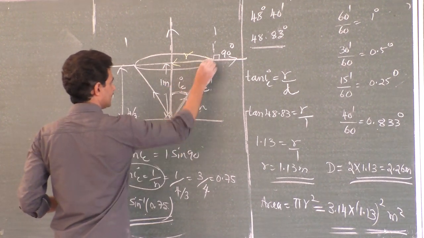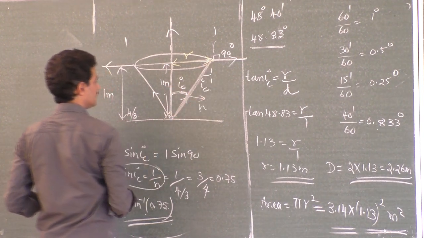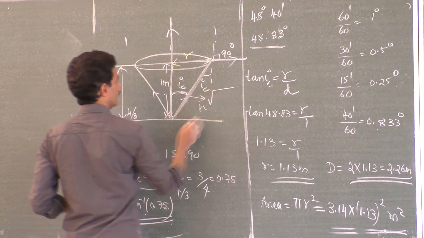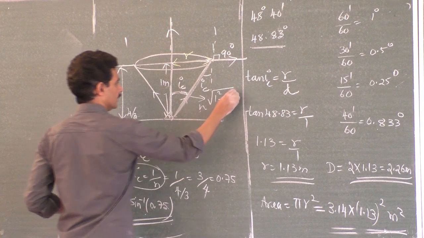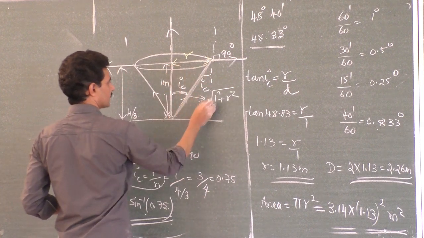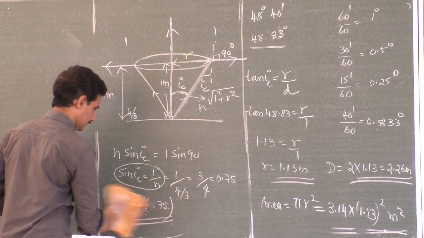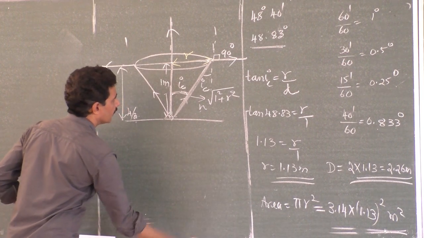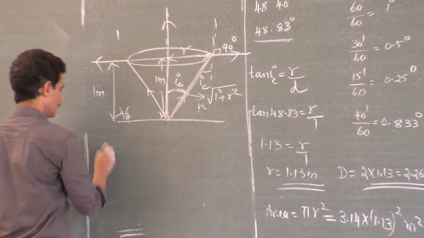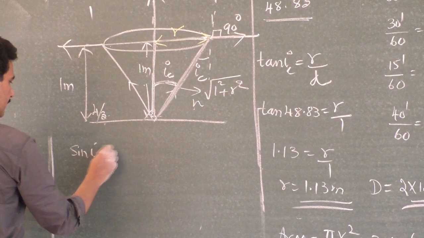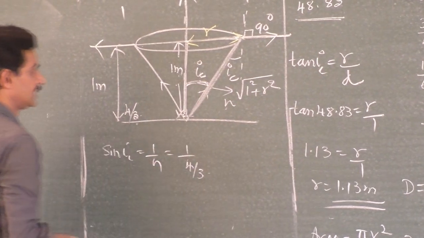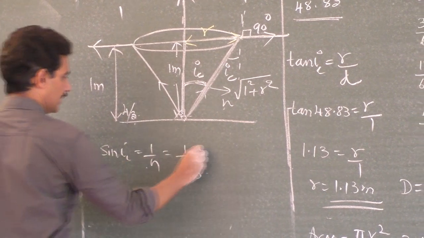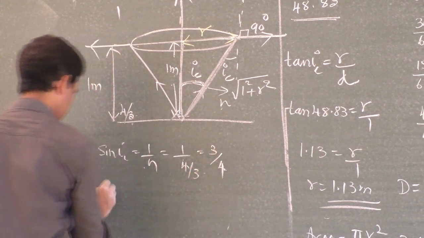What you can do is, you can write this hypotenuse. Hypotenuse is equal to root of 1 square plus r square. You can do this way also. Now, you know what is sin IC? 1 by n, 1 by 4 by 3, right? 4 by 3 is refractive index, so that is equal to 3 by 4.